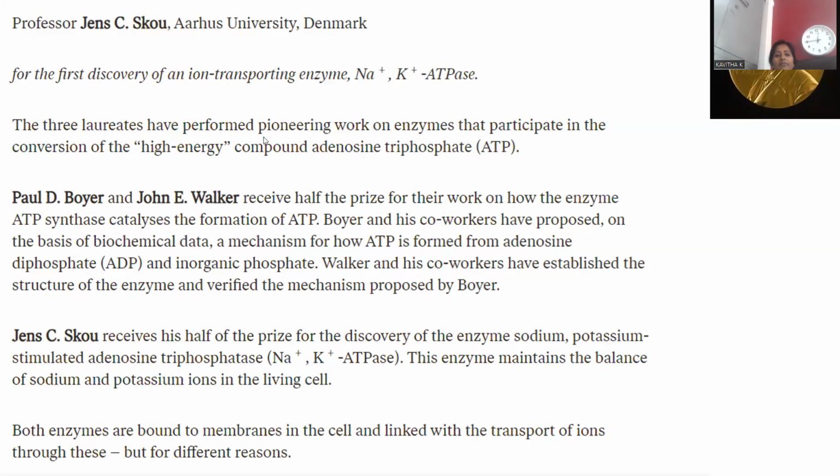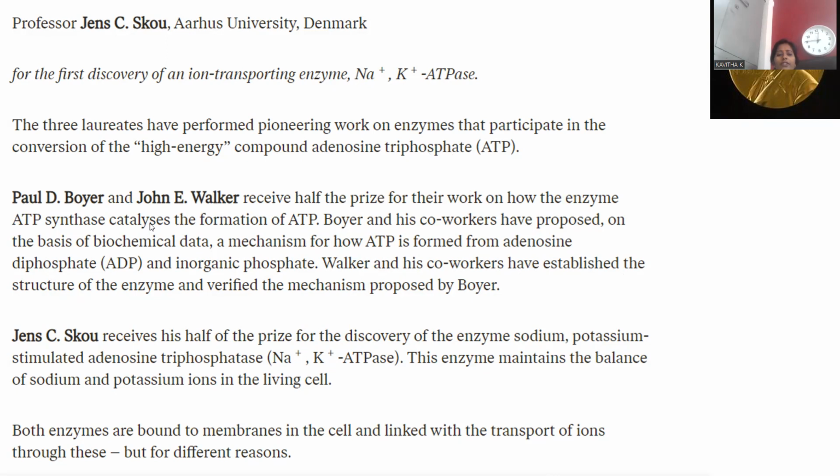The three laureates performed pioneering work on the enzymes that participate in the conversion of the high energy compound adenosine triphosphate. More or less all the work revolves around adenosine triphosphate: how it is synthesized, what mechanistic activities were carried out, and what enzymatic activities took place.